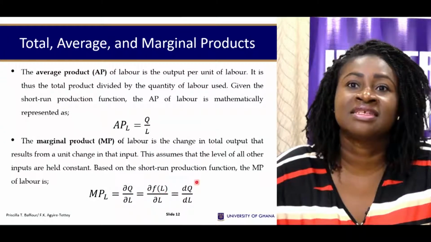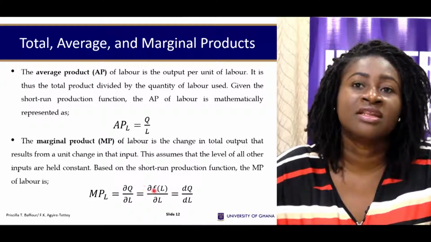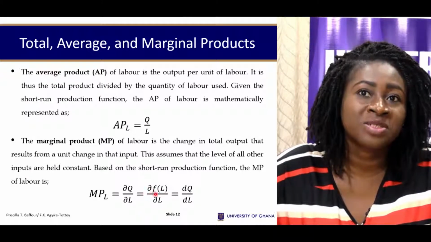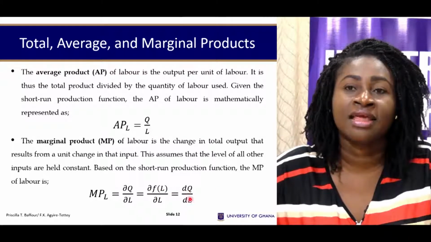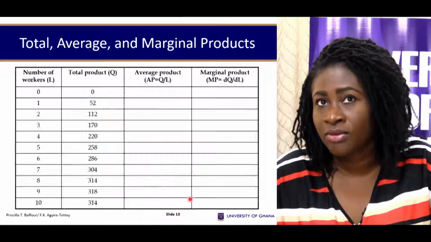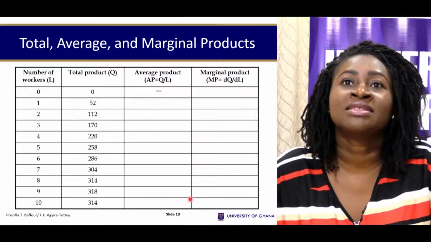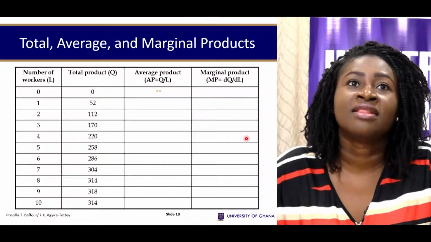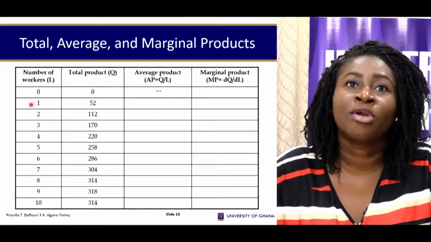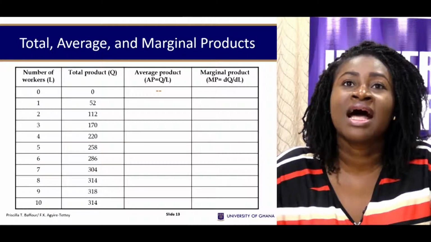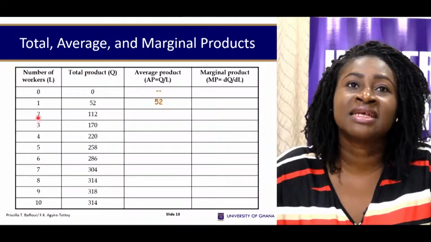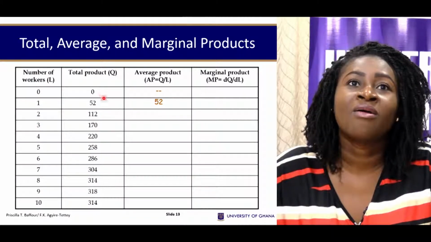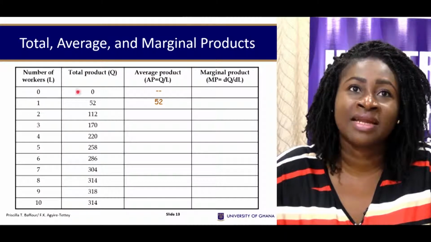And that gives us dQ/dL, which is F, where F is the production function, with respect to L, and that gives us dQ/dL. So when we look at this table, we have the number of workers that are employed, total product. How do we get the average product? The average product, I indicated, will be the total product divided by the number of workers.